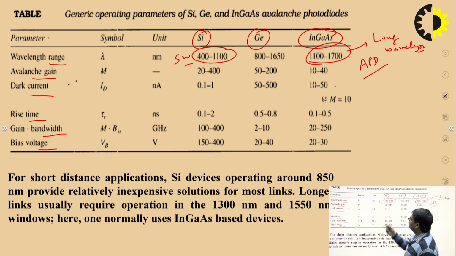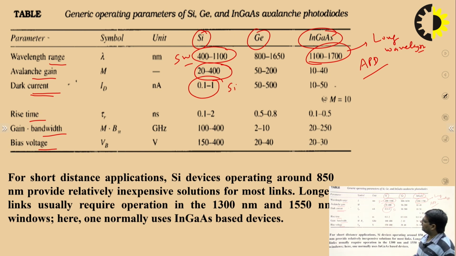Avalanche gain is maximum in the case of silicon, so it is better. Based upon dark current, it should be minimum, so minimum is in the case of silicon. Again, rise time is minimum in this case also.